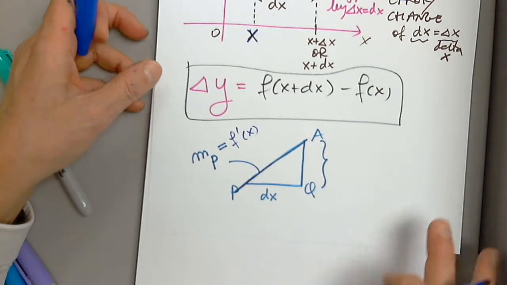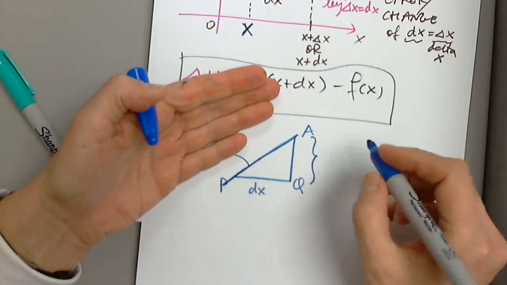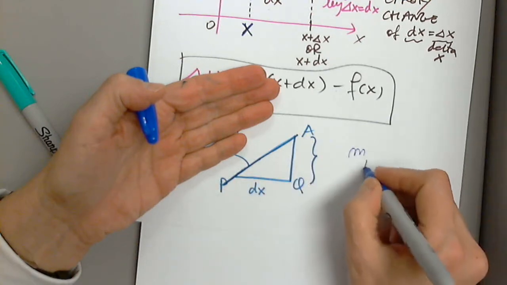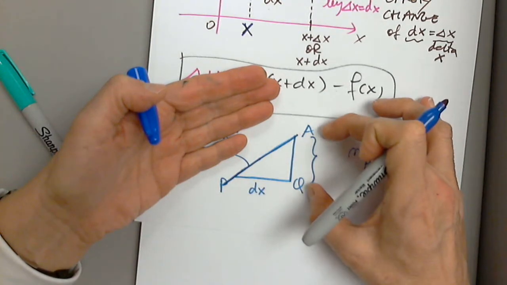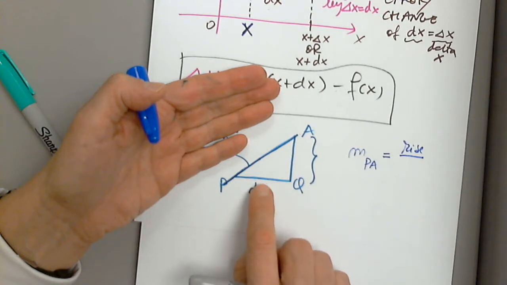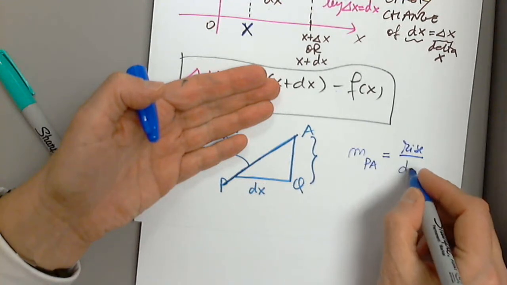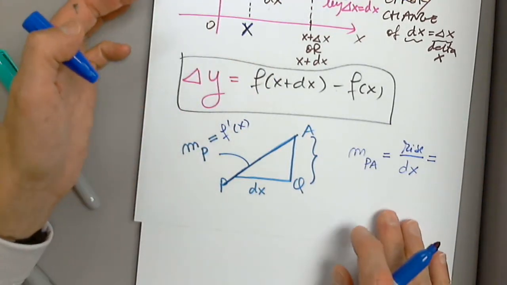Okay. Now forget about this for a moment, and please give me the slope of the line PA. Its rise, whatever it is, over run, whatever it is. But you already told me that this equals what?